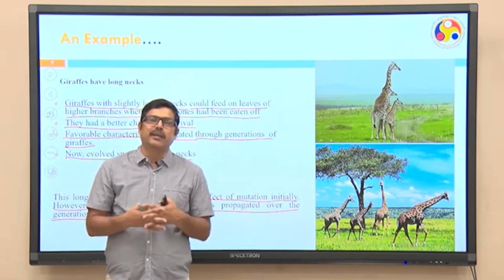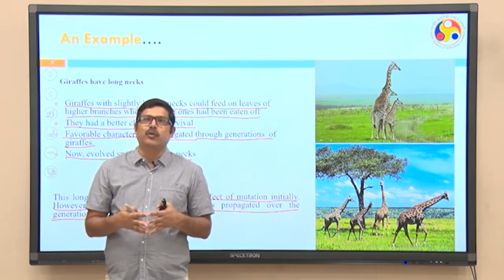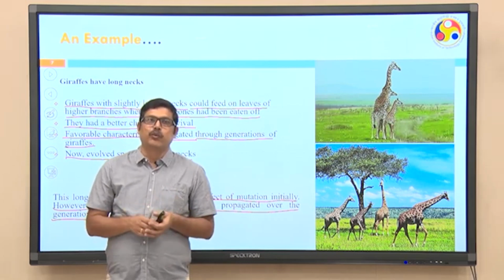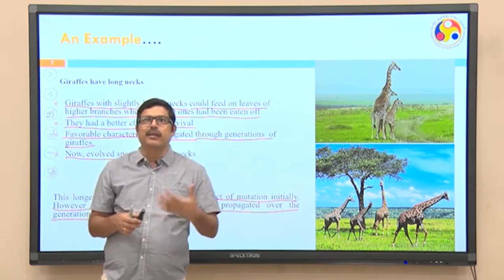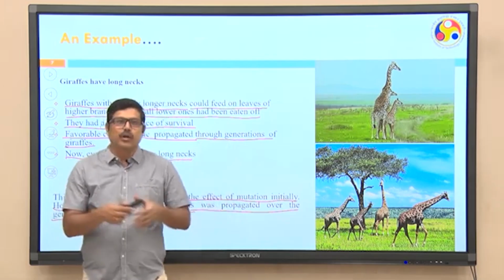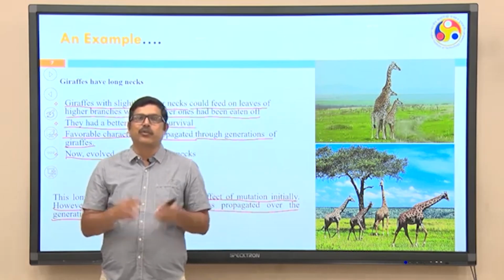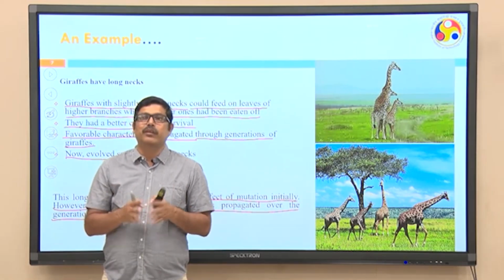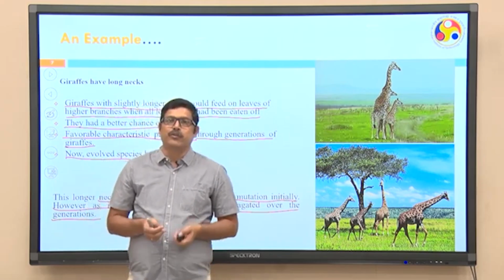Now, these species can survive with lesser oxygen. Okay. So, we call it adaptation. So, we can adapt to a new environment, and that is propagated through generations, and after a few generations, they will be able to survive with lesser oxygen at that higher altitude.